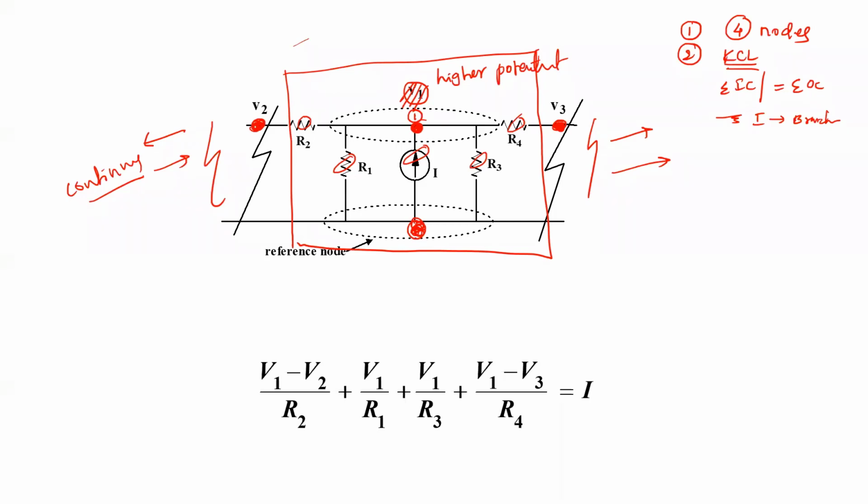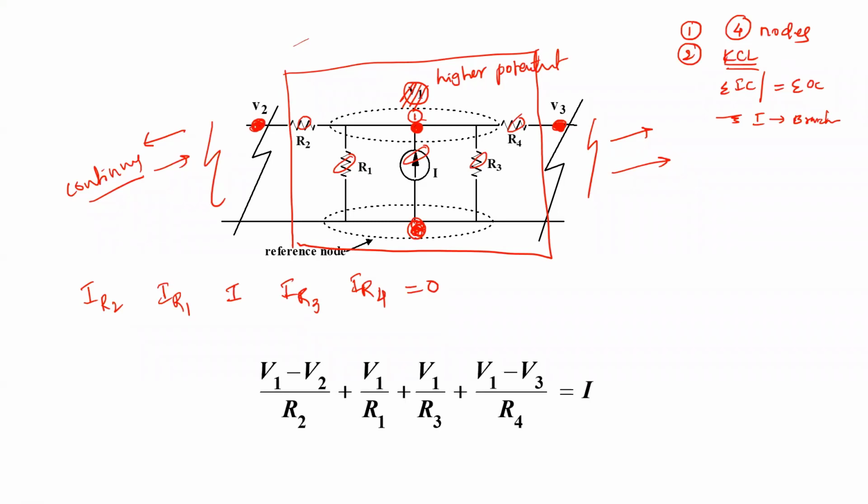So, as a result, how many currents will be there? Current through R2, current through R1, then a current source of value I, current through R3, current through R4, that should be equal to 0.